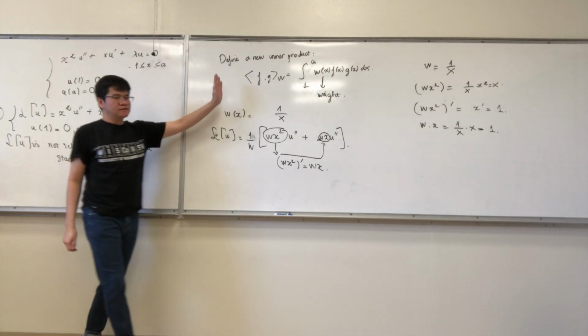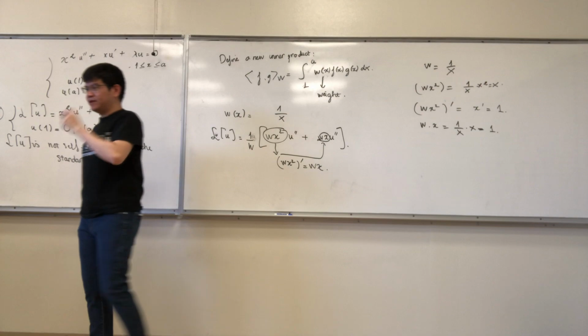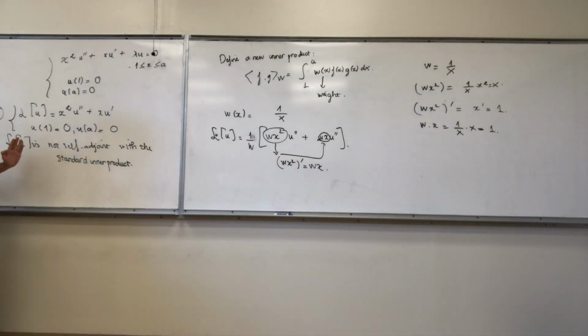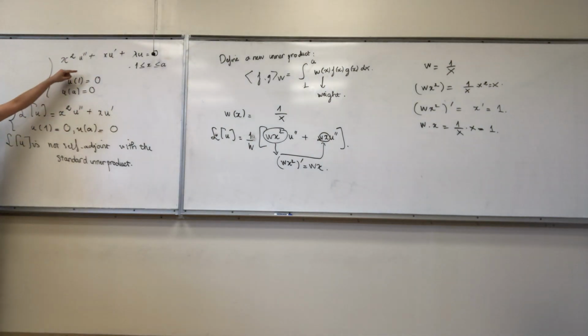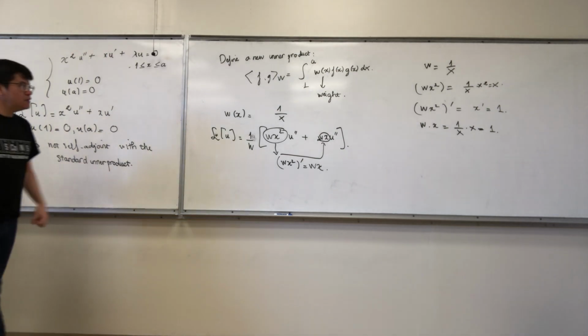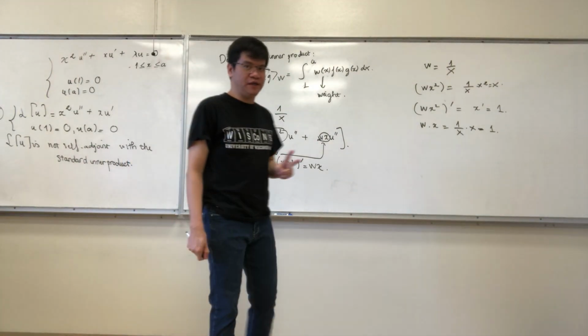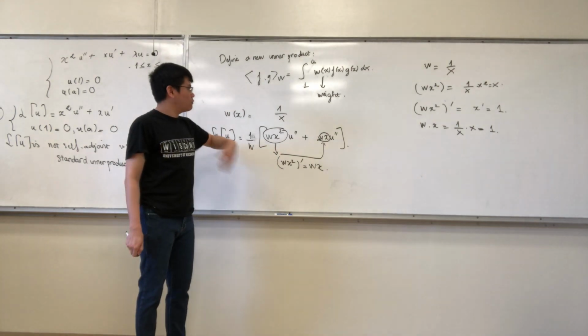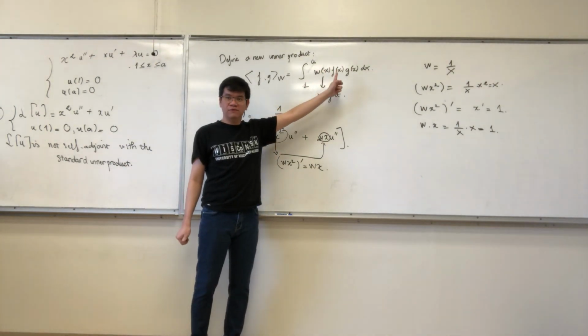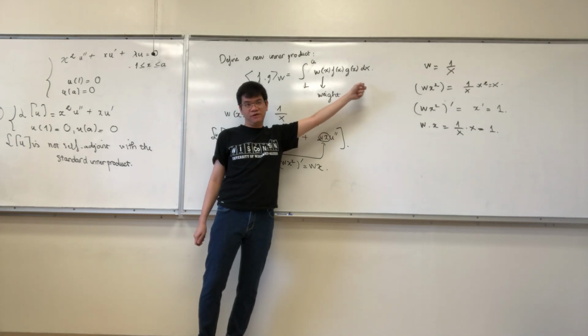Now, I explain again. For this kind of problem, you have this equation with a boundary condition, right? So this is the operator with the same boundary condition. This operator is not self-adjoint. So you have to define a new inner product so that this operator is self-adjoint. What we do is to find the weight w, and you multiply w into the inner product.